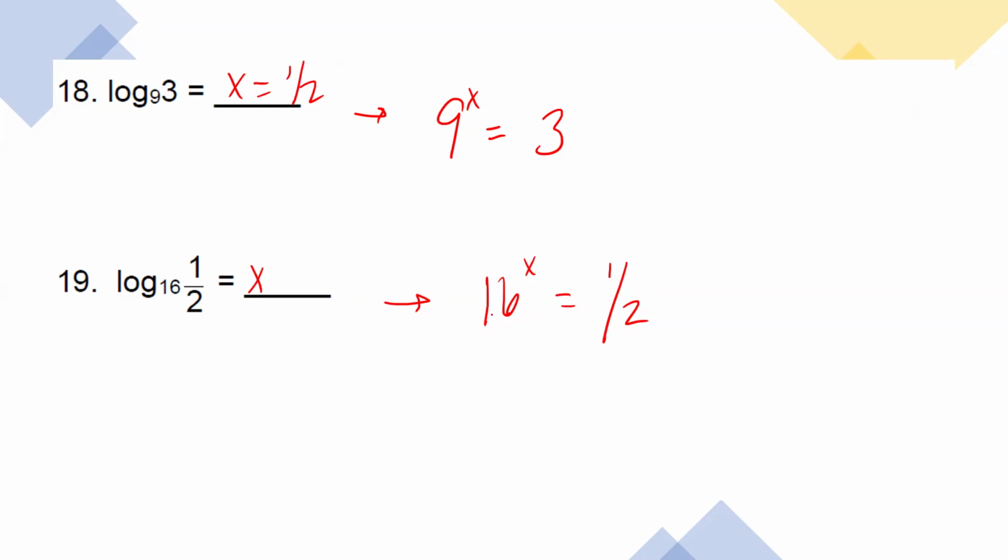Is it a number times itself 3 times that will equal 16? Is that true? No, there isn't a number that's going to do that. What about 1/4? Yes, and that number is what? 2 times 2 times 2 times 2 equals 16. So we know x is 1/4, and because it's a fraction, it makes it -1/4.